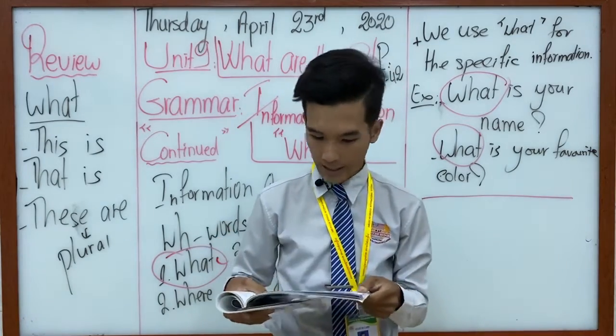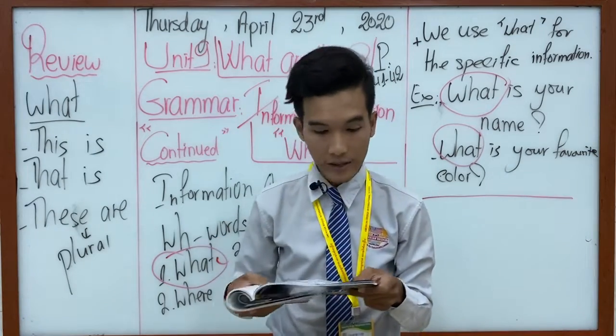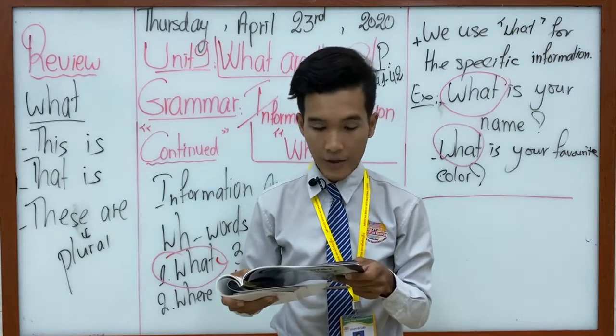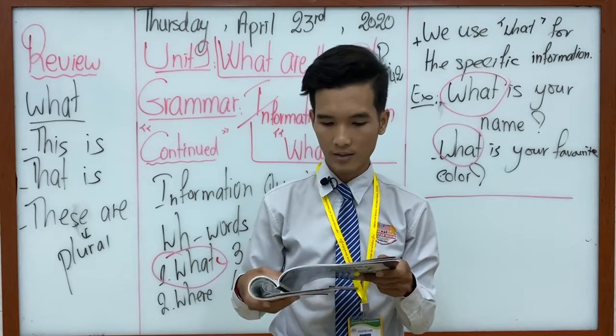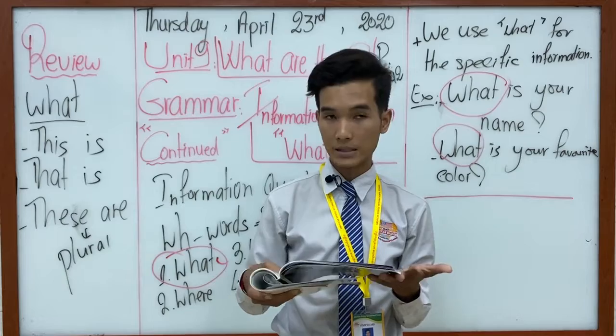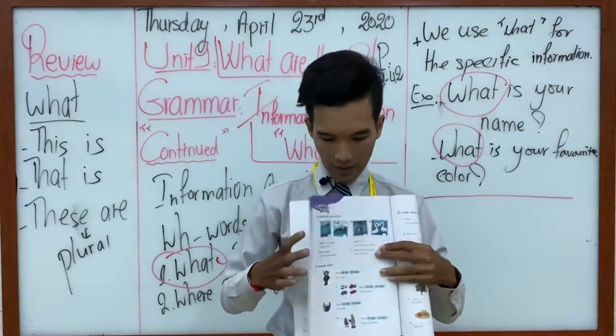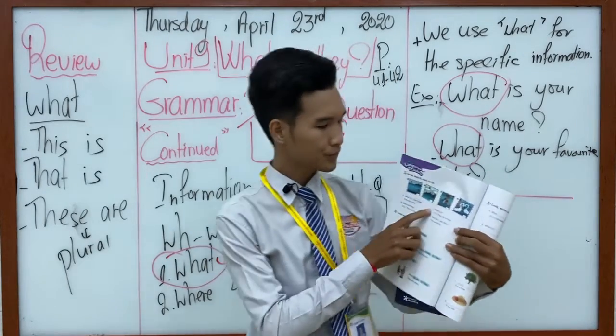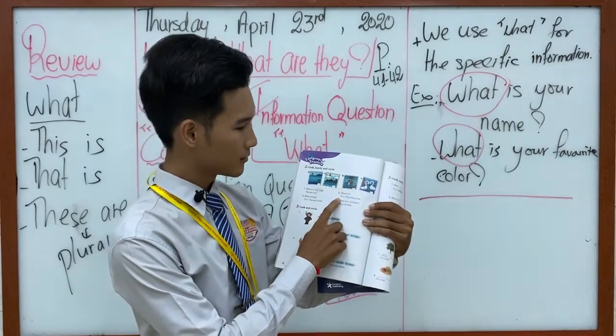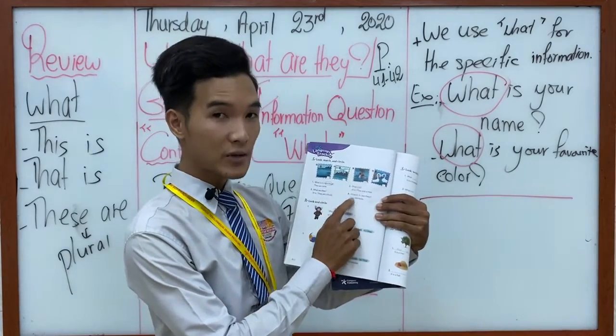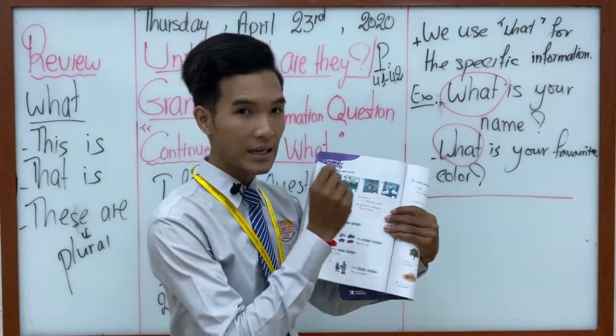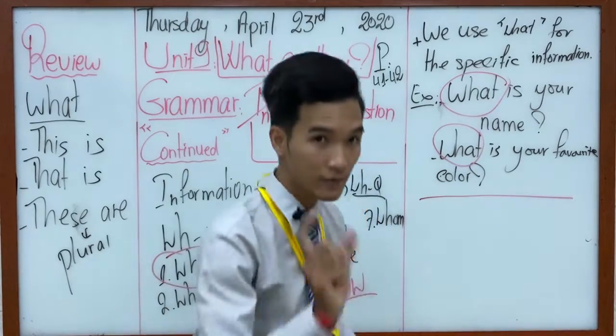Okay, the correct answer. So number 1 is already done for you. What are they? They are rocks. So the picture is picture C. Now let's move on to number 2. What is it? So we need to answer it. It is. Okay, this point is very important.